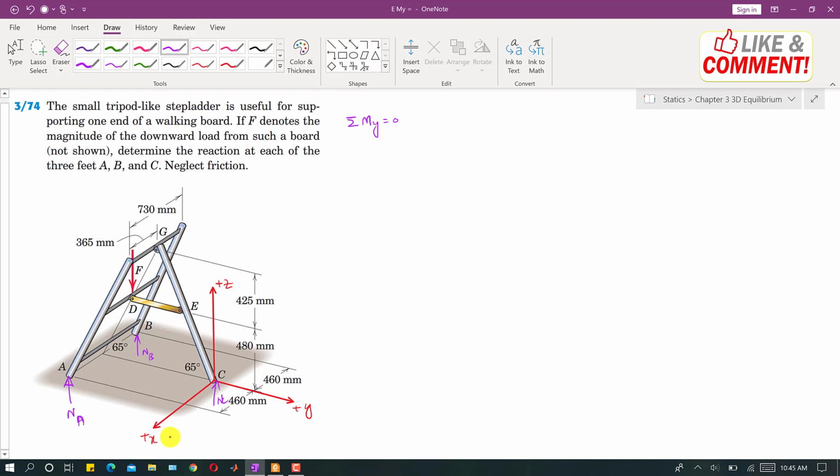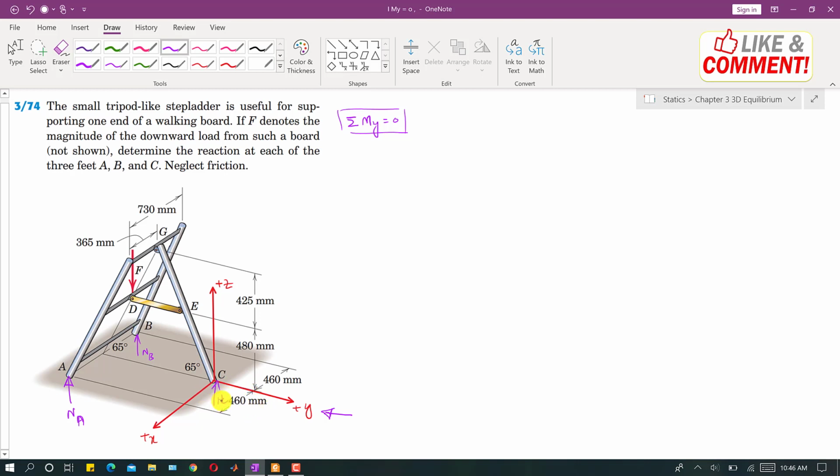So if this is my positive x-axis, this is my positive y and this is my positive z, we have to apply this equilibrium condition. For that we have to observe the forces from the y direction, right? As we can see, the reaction NC is passing through this y axis, so it will not produce a moment about the y axis.